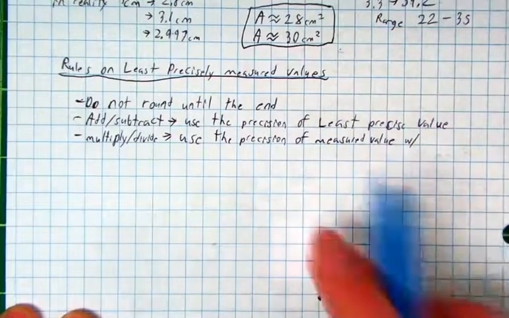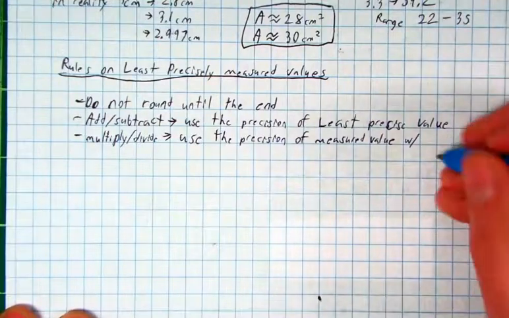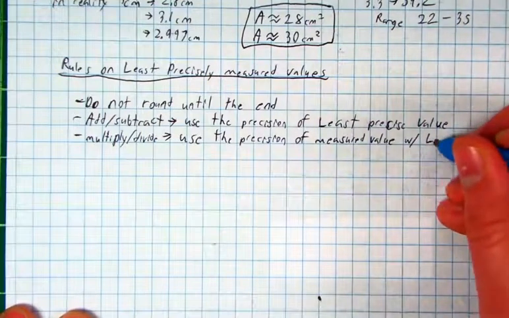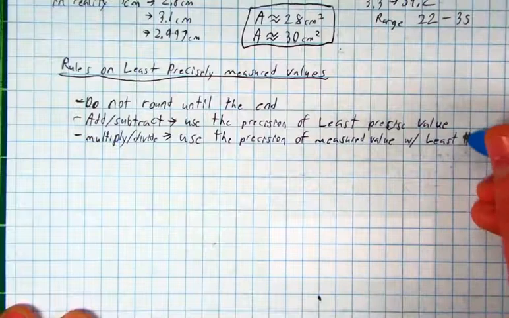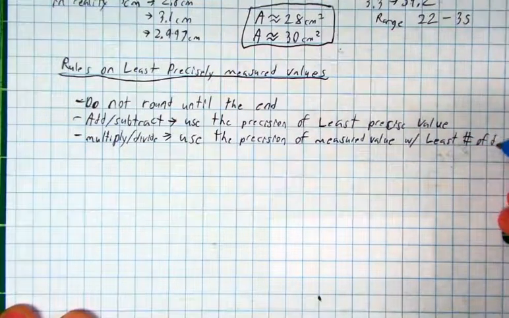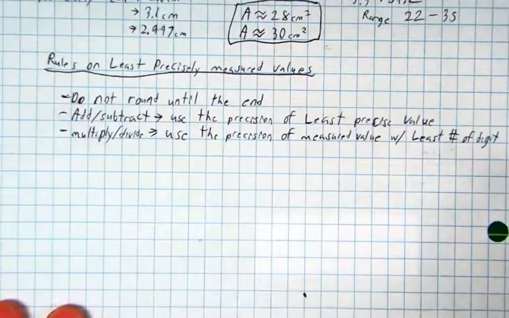So that W dash is shorthand for with the least number of digits. And what we're talking about is, you've probably learned it as significant figures. Least number of digits.